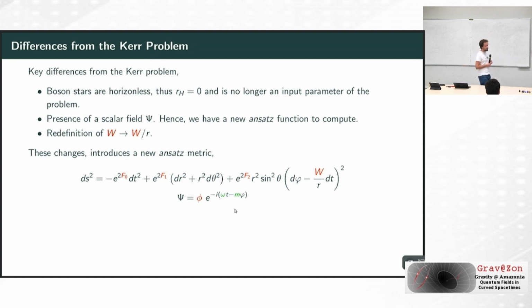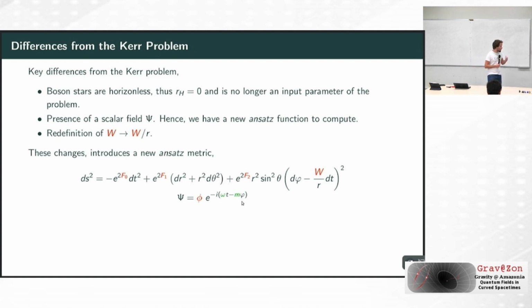So in order to have boson stars, complex boson stars, we can violate the Bekenstein theorem, like Eugene talked about yesterday, by imposing that the scalar field does not have the same exact symmetries as the metric. So the scalar field depends on the time and the azimuthal coordinate.